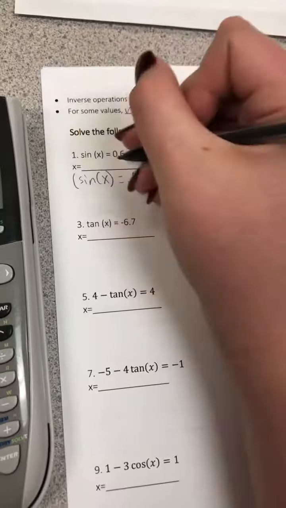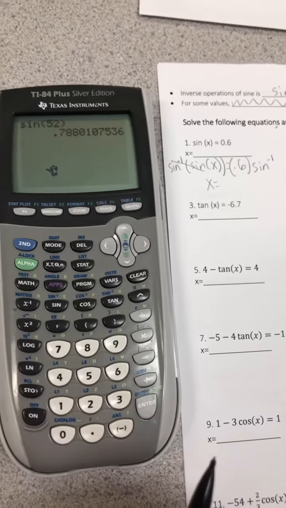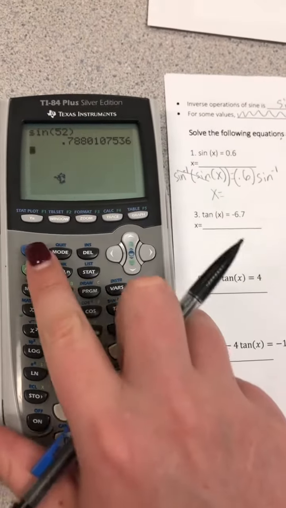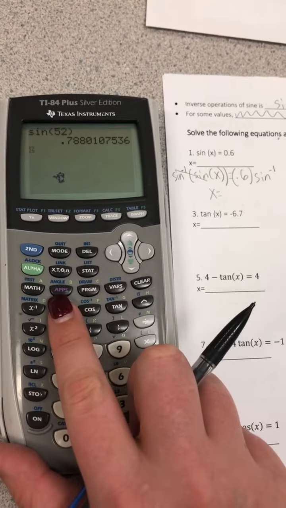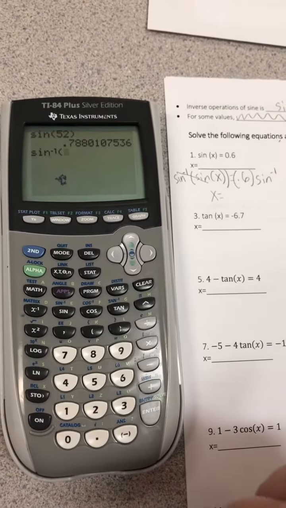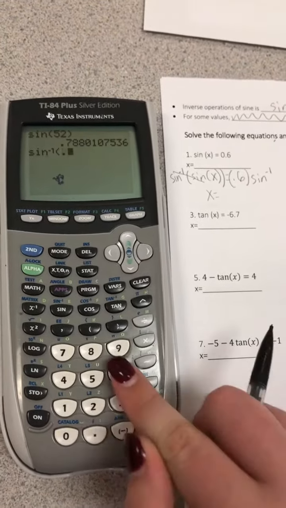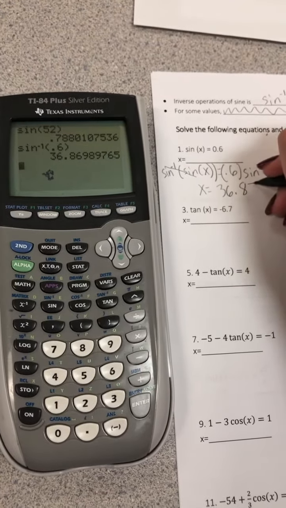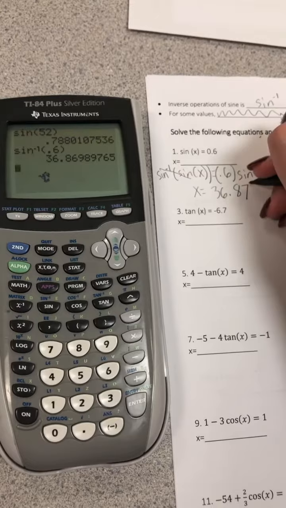I'm left with x equals, I'm going to go to my calculator or Desmos to figure this out. So we're still in degree mode, and I'm going to do second sine to get the inverse. I'm going to type in 0.6, and I get 36.8, and let's go ahead and round there. And these are all in degrees.